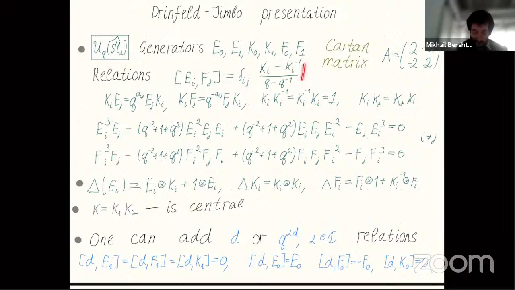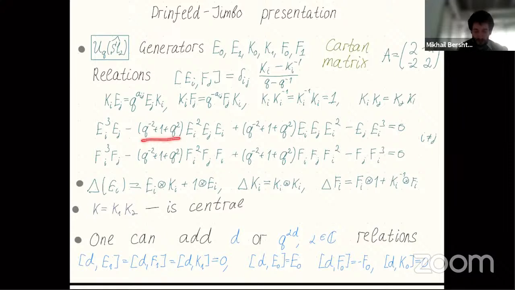All this is the same as in the finite dimensional case, but the difference is that we have an affine algebra. And this is the Serre relation. Here we see the first difficulty, which is that affine SL2 is not simply laced. So the Serre relation is not cubic, but now quartic.